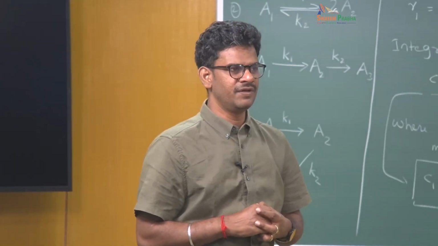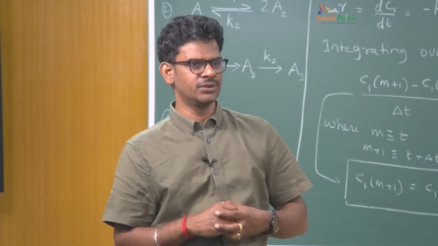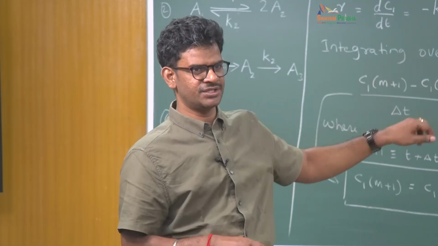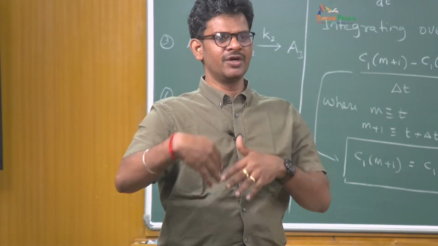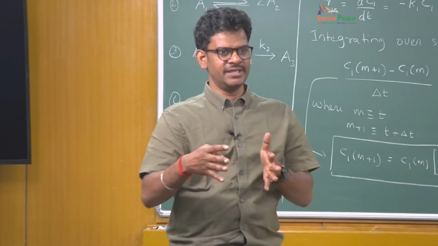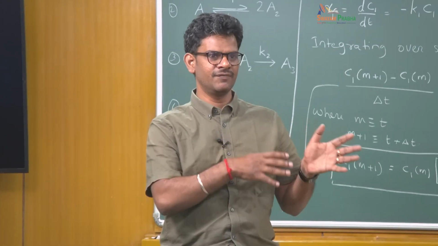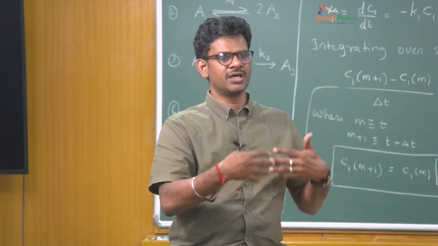Now I am writing in terms of concentrations and numbers directly. Because if you remember, I first did it with the probability, then I converted into numbers. Numbers need not actually add up to 1. So here we write directly in terms of concentration and number.